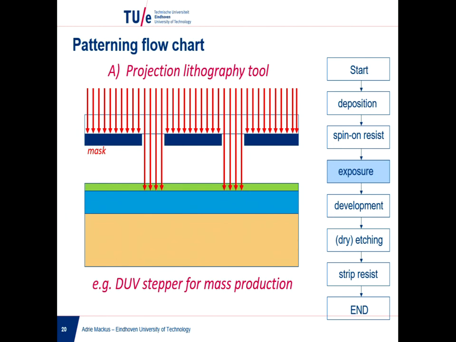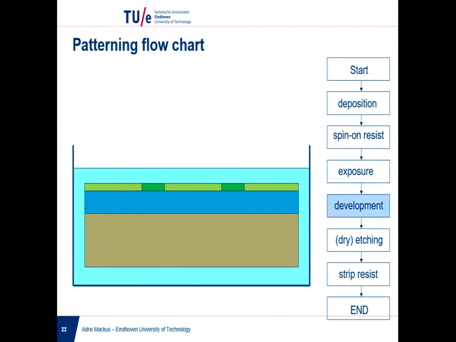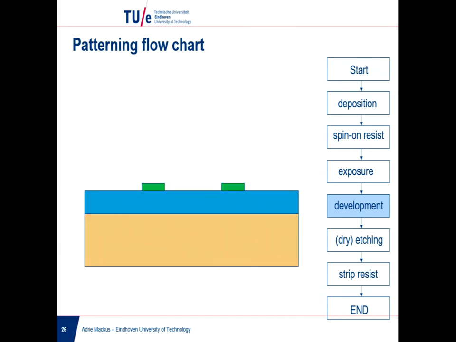And then as a result of this local exposure, you get a chemical change of your resist film. And then the next step is that you're going to develop this resist. So you basically put it in a solution, and then if you use a negative resist, then basically the unexposed part will dissolve, and then what you have left is the patterned resist.